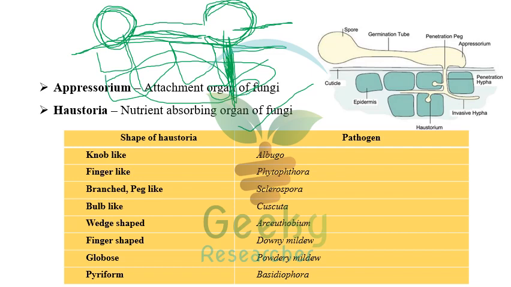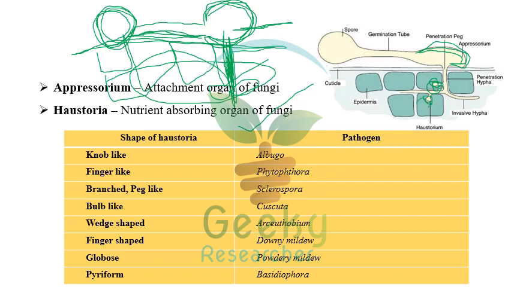Here we can see clearly this structure is called the appressorium. Appressorium is the attachment organ of fungi, which helps in attachment, anchoring, or strongly holding the leaf surface. Inside we can see this globose structure, which is called haustoria.